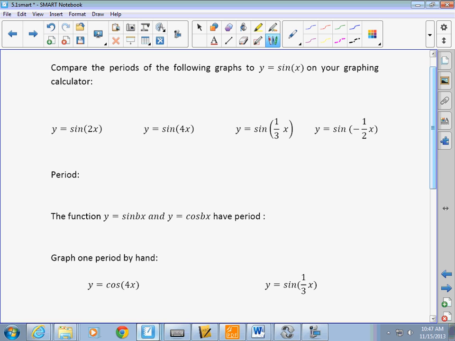Okay, so it says compare the periods of the following graphs on your graphing calculator. So on your graphing calculator, put in y is equal to sine x, clear y is equal to cos x, and then put these other ones in. Put them all in there.